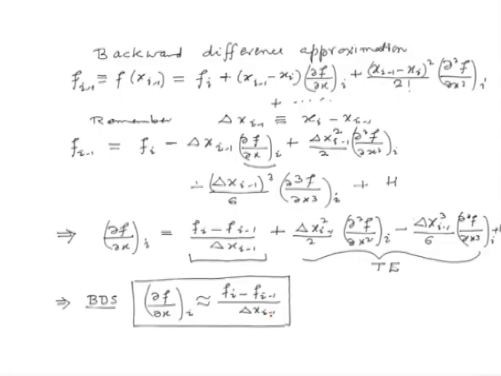And once again what we can say is this truncation error for this scheme is of the order of delta x_{i-1}. So, both forward difference and backward difference approximations give us a scheme of first order. Now, we can also obtain what we refer to as a central difference approximation.